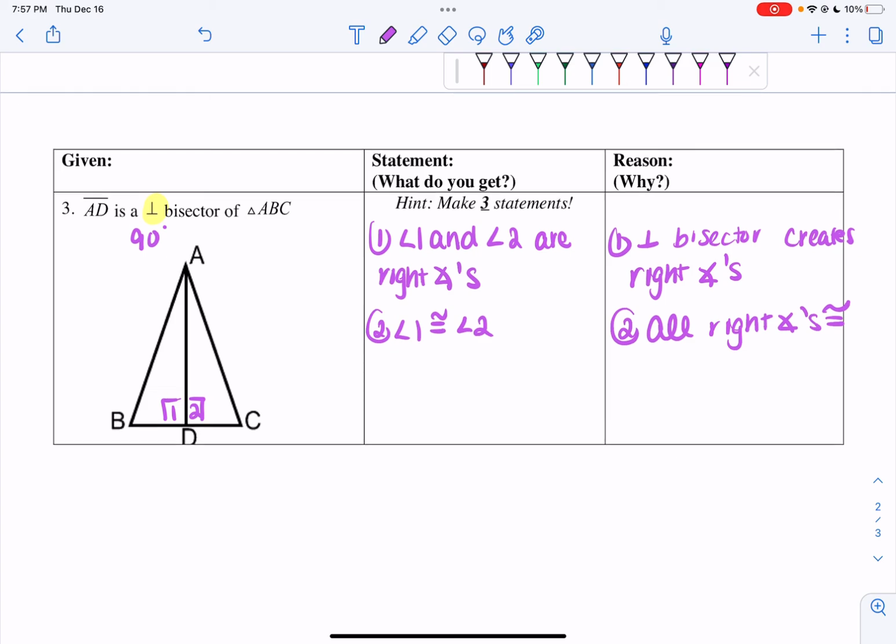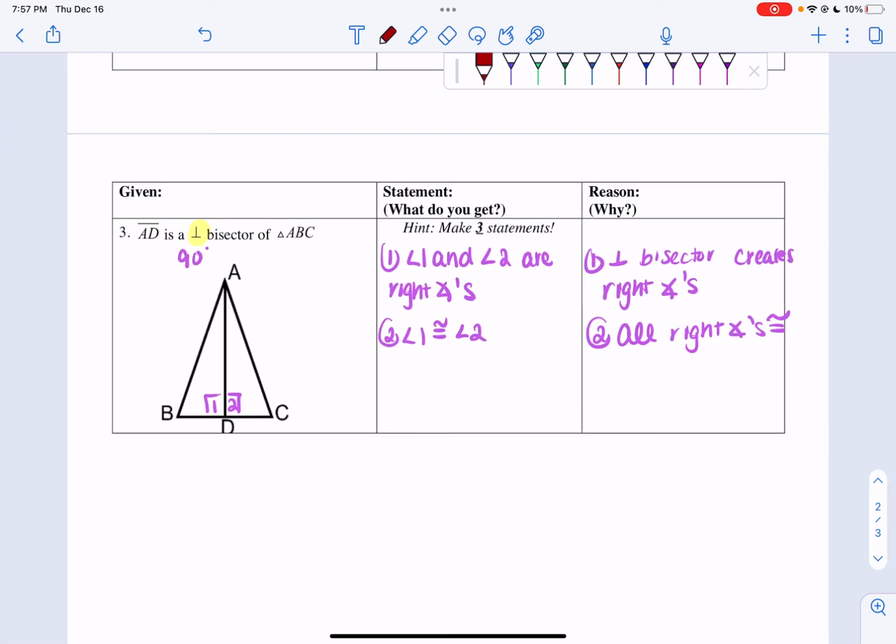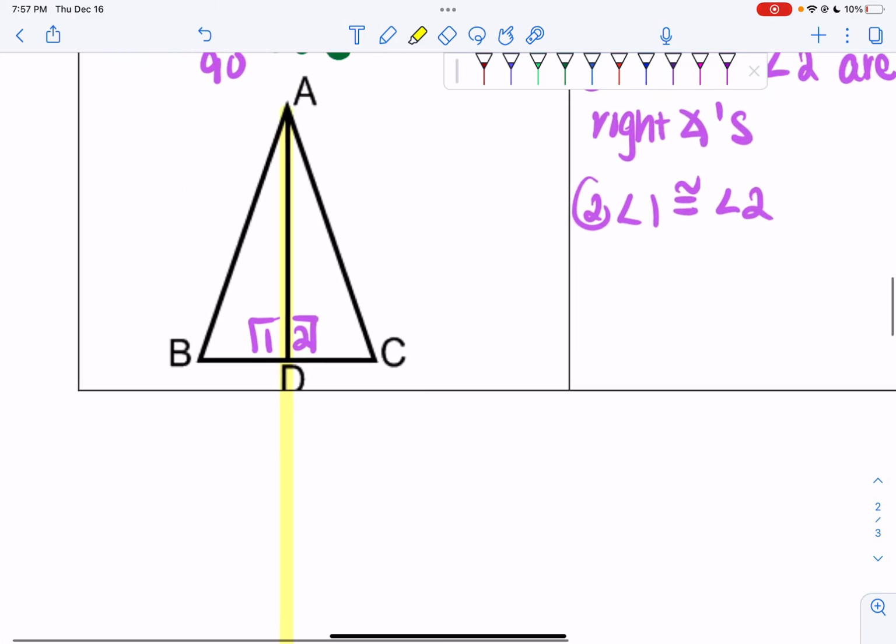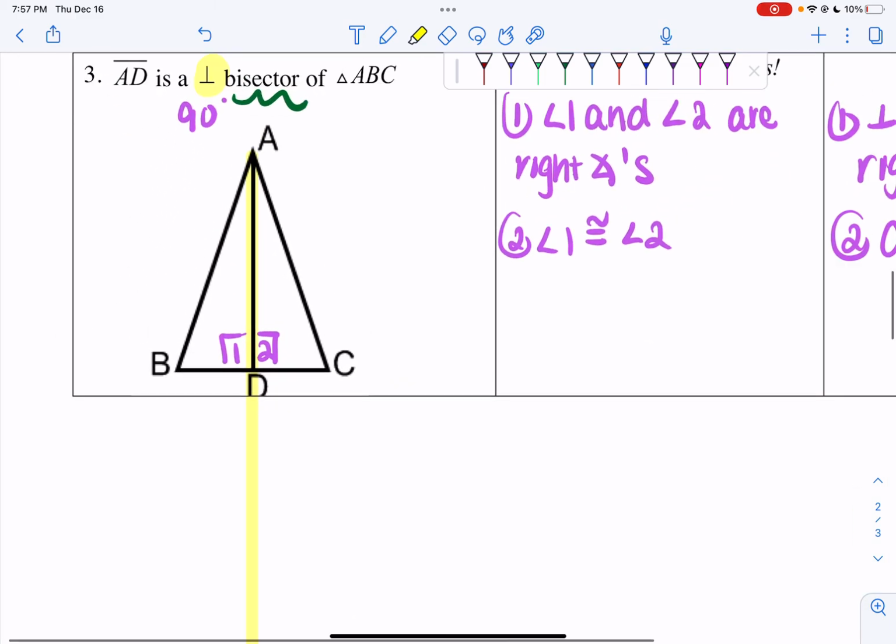Now, let's think a little further. We're dealing with a bisector right now of triangle ABC. So we're saying that AD is the knife that is cutting up BC. So tell me what two segments are congruent. Very good, BD and DC.